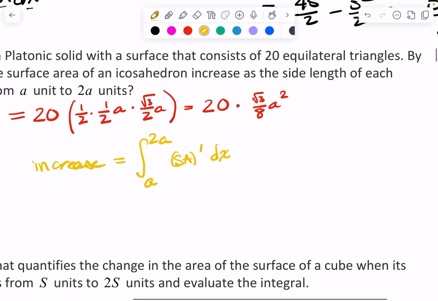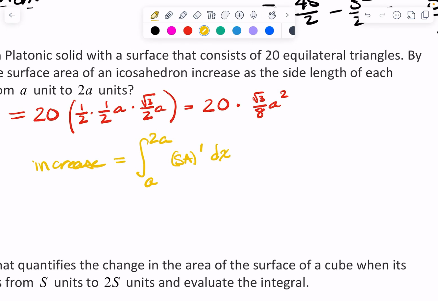I'm going to leave this 20 out in front because it's just this part here that I need, because once I know how much one of them changes, I just multiply by 20.